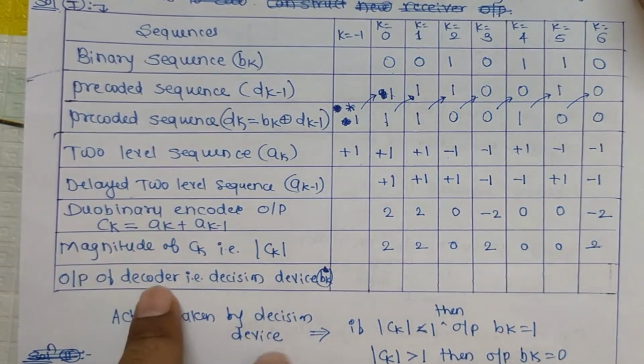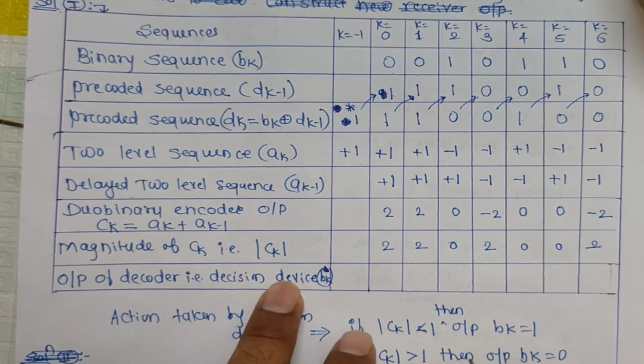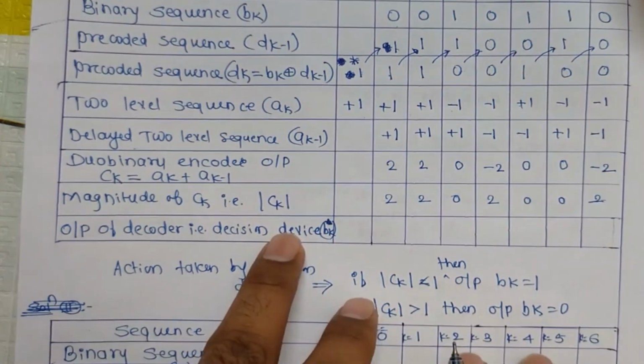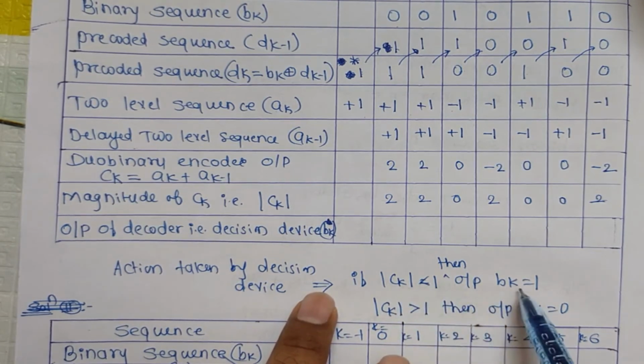Now let us finally write the output of the decoder, that is the decision device. This is very important: what kind of decision we have seen. This is the action taken by the decision device. If mod of c_k is less than 1, then the output b_k is 1, and if mod of c_k is greater than 1, then the output b_k is 0.